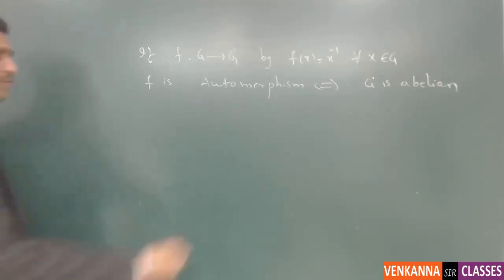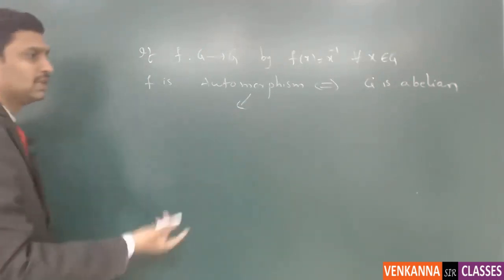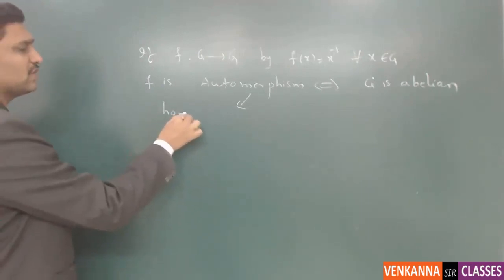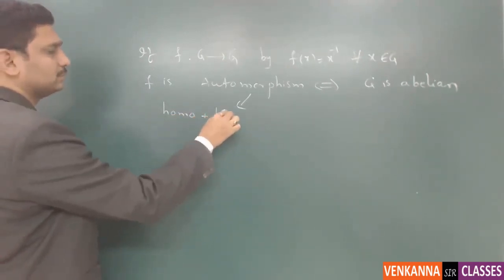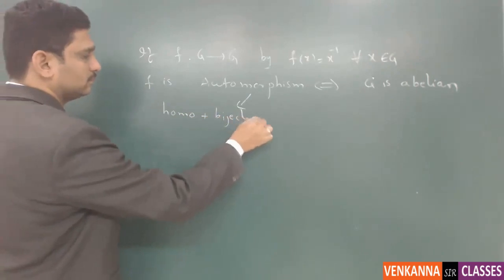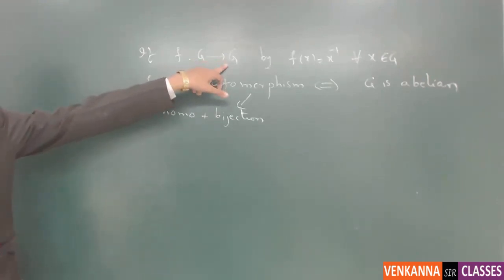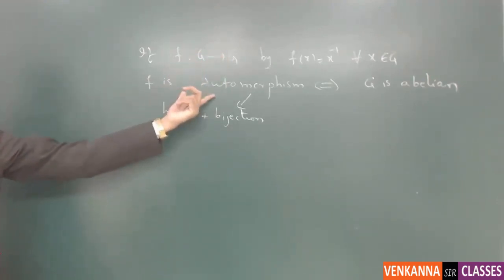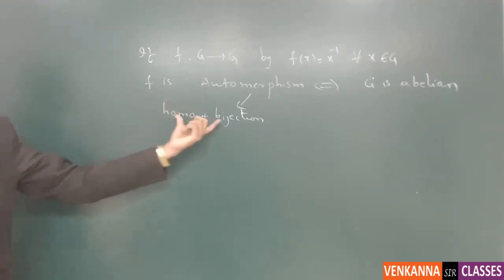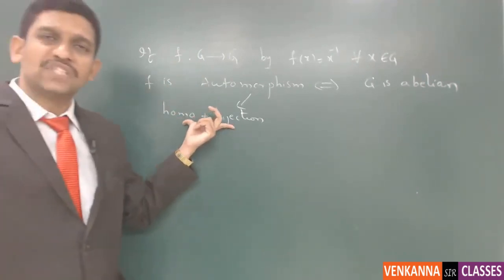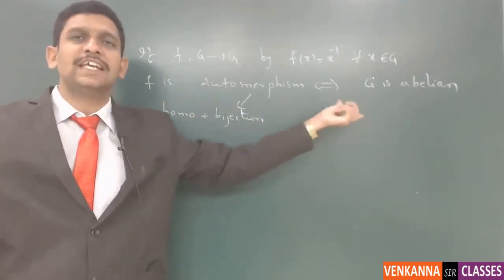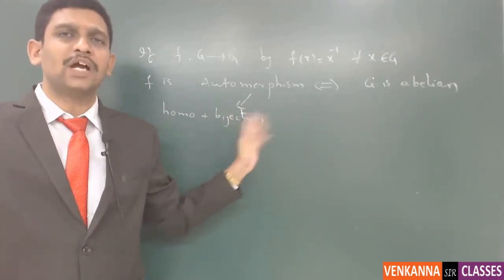Now, you know what is meant by automorphism? It is nothing but a homomorphism and a bijection. Since it is defined from G to G itself, isomorphism and automorphism are both equal. So isomorphism if and only if G is abelian is our criterion to prove.